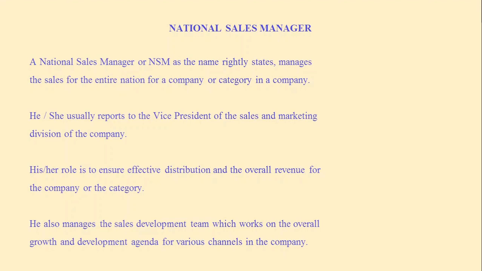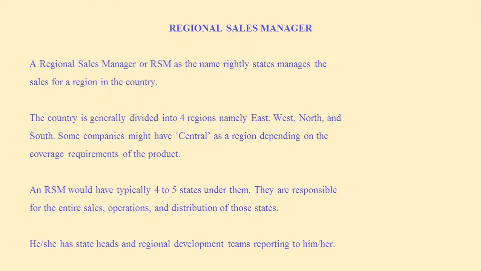Moving next, regional sales manager. Normally एक company में there are 4 regional managers, but there can also be a 5th one. So normally the country area is divided as east, west, north, south, and sometimes even central, right?